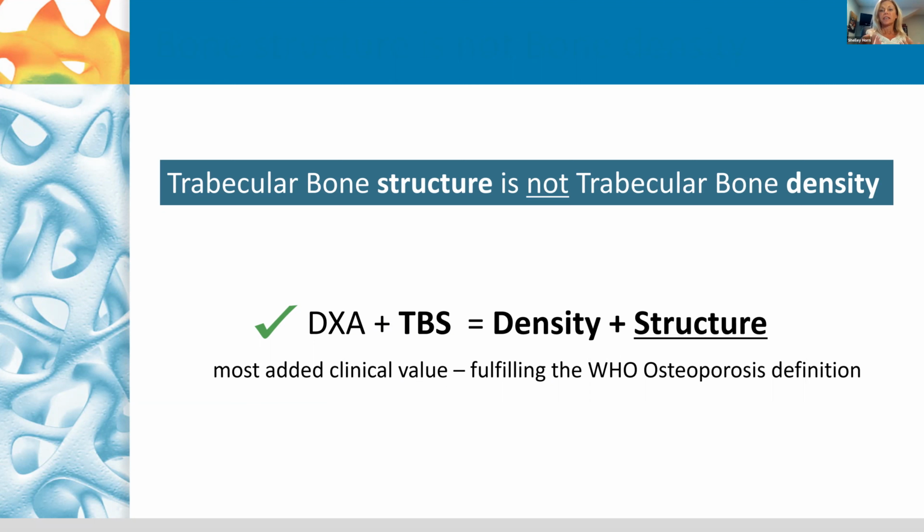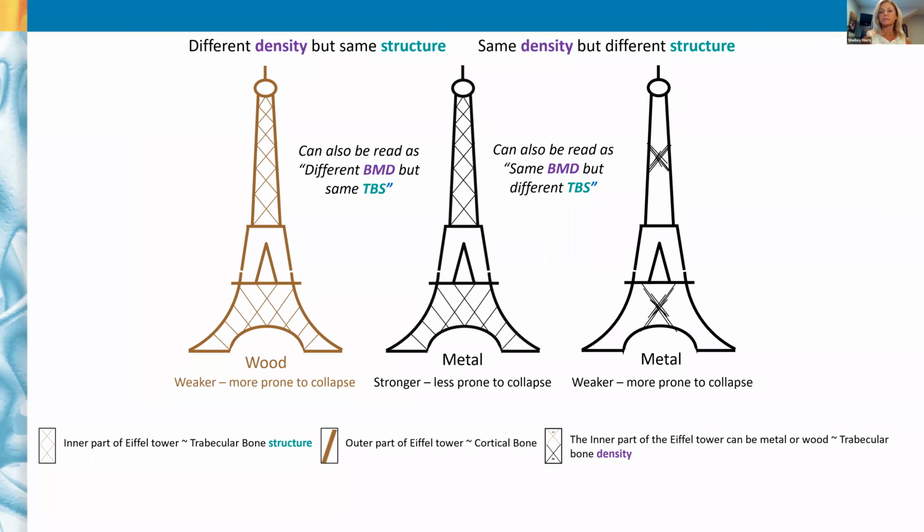As Professor Hans went through, TBS is important in conjunction with bone density. So it can be used standalone, but it's the combination with the bone density that's the most important, which then by combining TBS with bone density, we fulfill the World Health Organization osteoporosis definition of density and structure. Next slide.